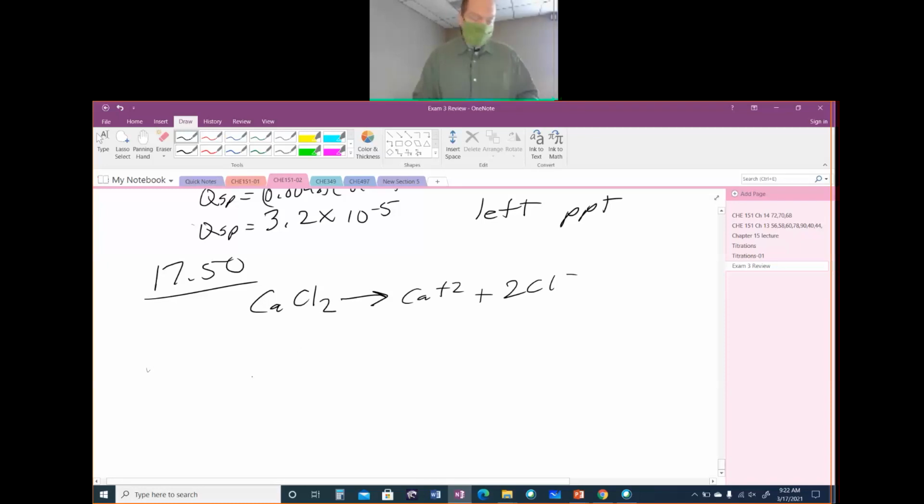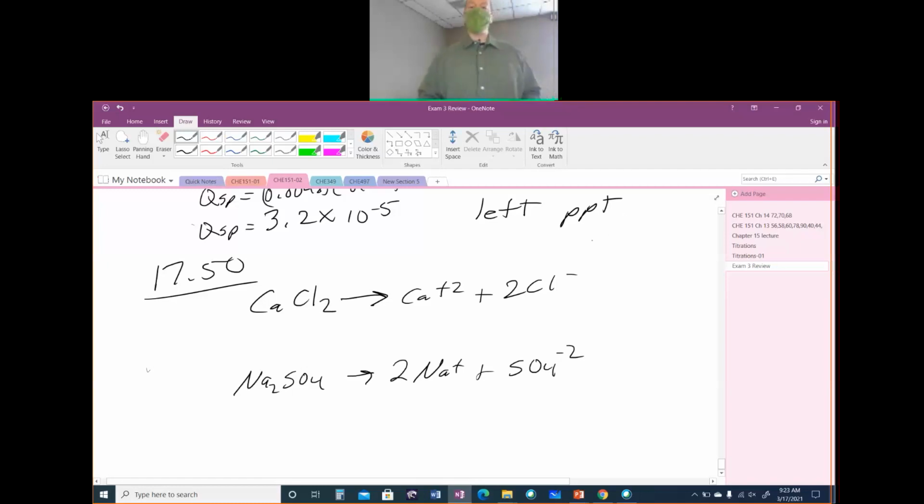All right, and so we also have sodium sulfate, Na2SO4. We already did this one. All sodiums are soluble. You get 2 Na plus and SO4 minus 2. These are not equilibrium. These are soluble, 100% going to the right.